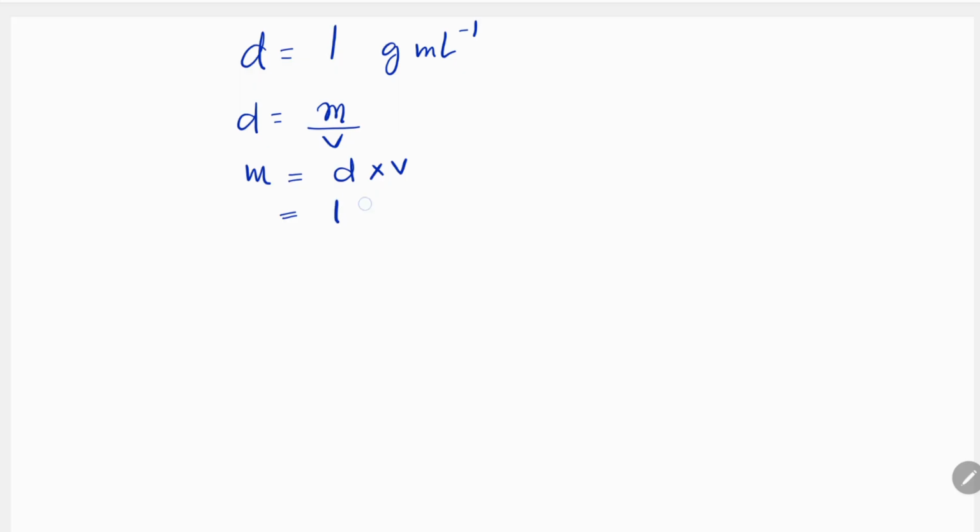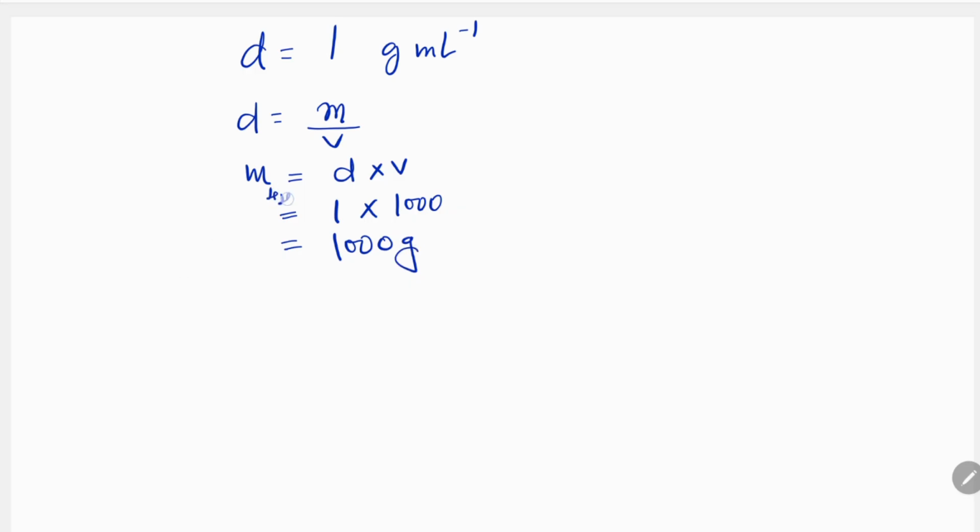Okay, so density is given as 1 gram per milliliter. Density is also equal to mass per unit volume. Okay, we can calculate the mass. Mass is density into volume. Density is 1, volume is 1000 mL, then mass is equal to 1000 grams.